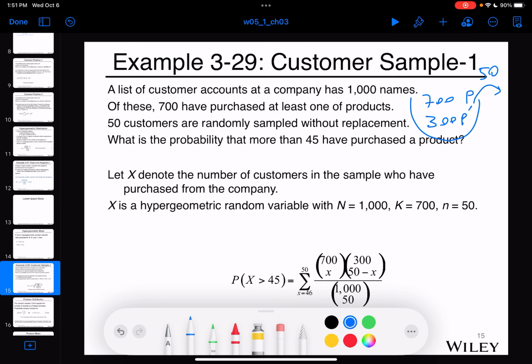What is the probability that more than 45 have purchased a product, right?